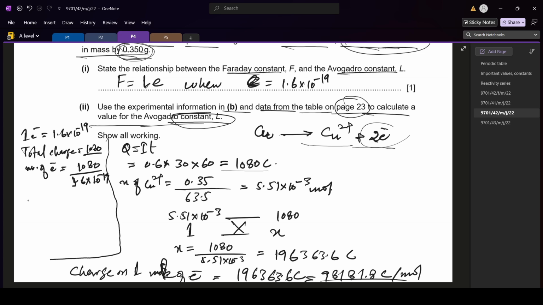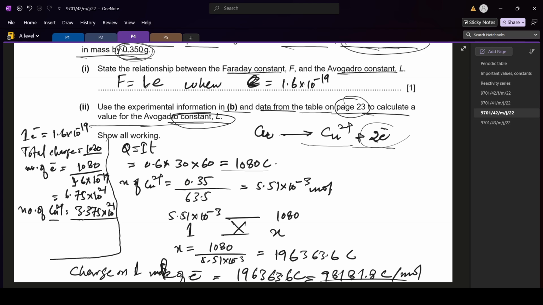So you will have the number of electrons equal to 6.75 into 10 to the power 21. Okay, this is your number of electrons, and now you will calculate the number of copper 2 plus ions. You will divide this by 2, so you will get 3.37 into 10 to the power 21. Now you have the number of copper 2 plus ions. Now you have to calculate the number of copper 2 plus ions per mole, which is your Avogadro's constant.